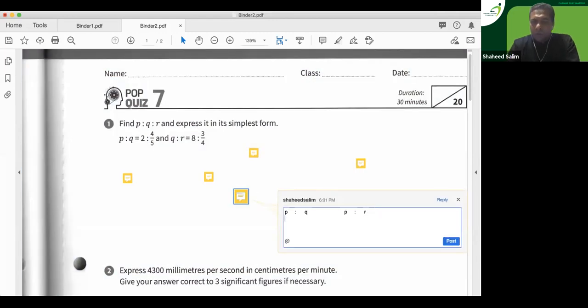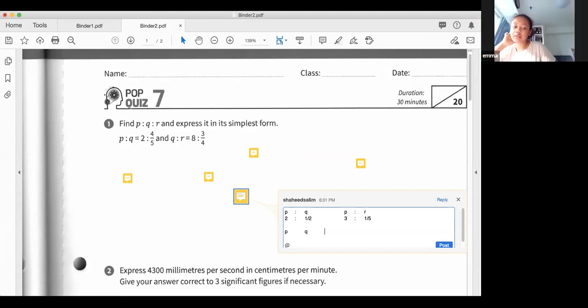So now I'm going to give you the reading. 2 is to half is to 3 is to 1/5. Can you try? What do I want? I want the ratio of P is to Q is to R. P is 6.